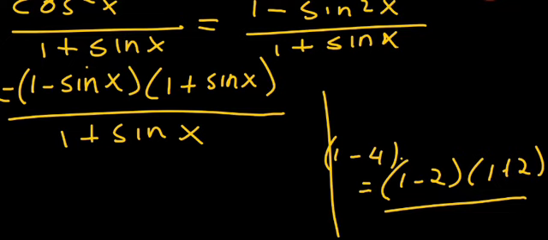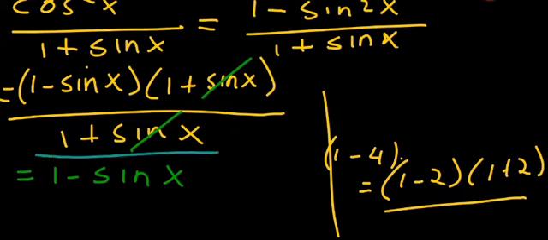And then we've got the common factor 1 plus sin x, so the common factor will be cancelled. Then we're going to remain with 1 minus sin x. So this is the solution. We've proved this is what we had earlier on the right hand side.